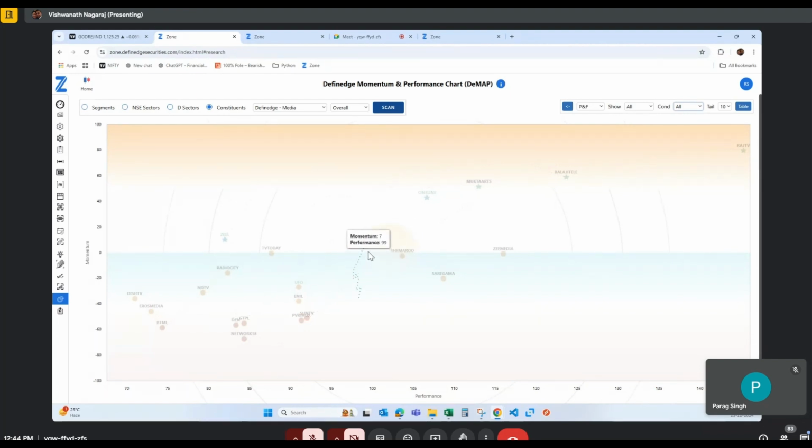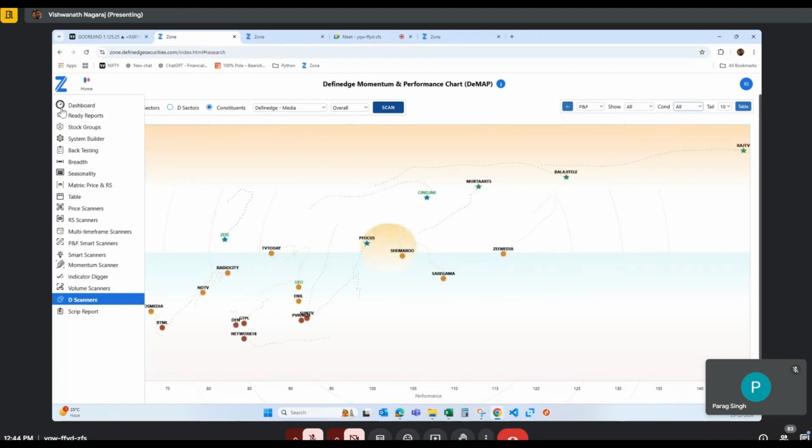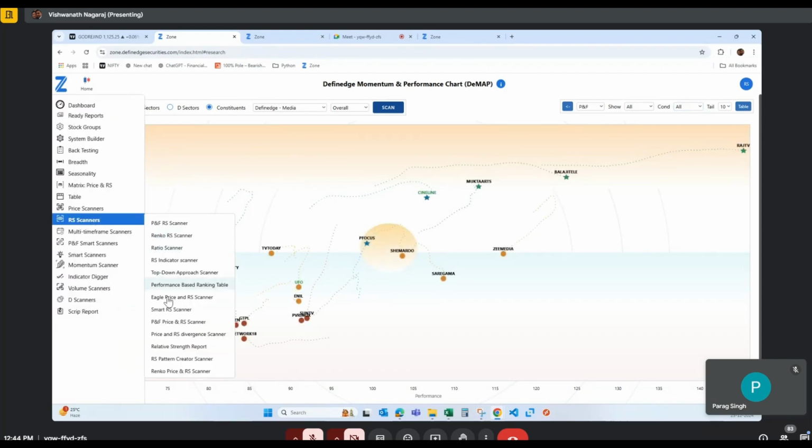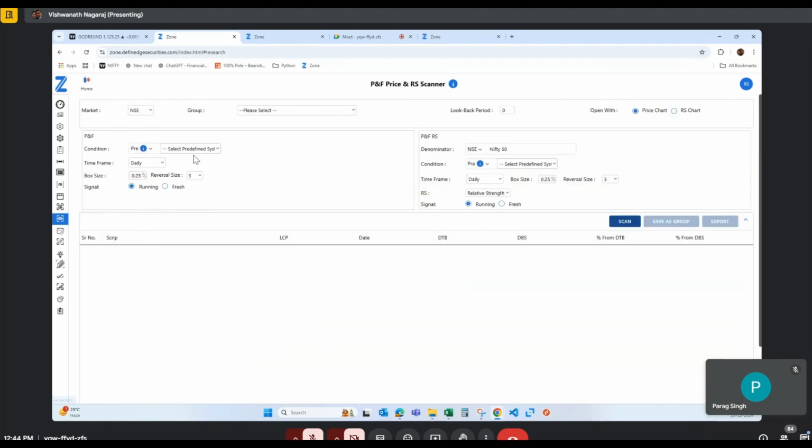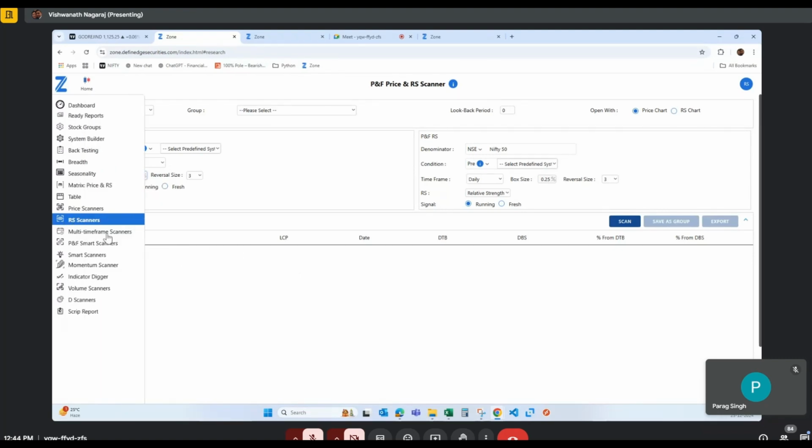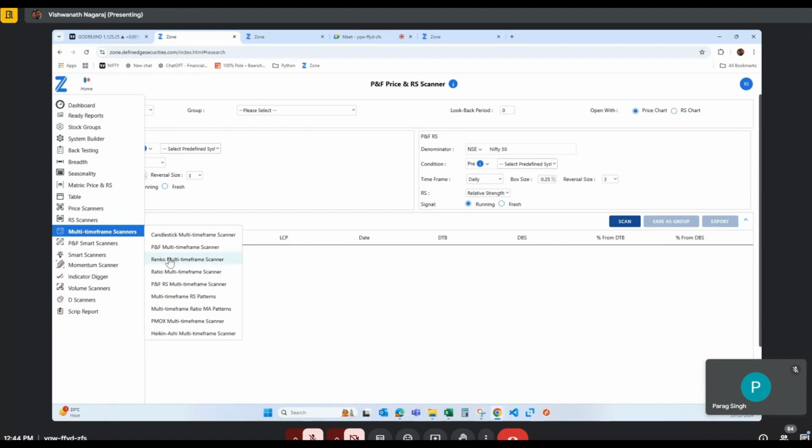My way of looking at it is multi-time frame scanner or RS scanner. But the only problem with the RS scanner was I have to sit and do 0.25, 0.5, 1, 2, 3, everything manually and keep making notes. Instead, I went to multi-time frame scanners.